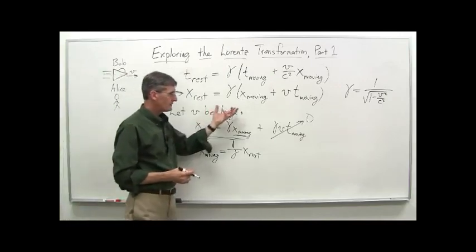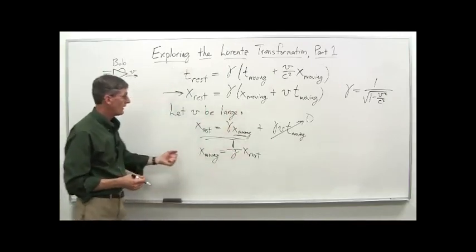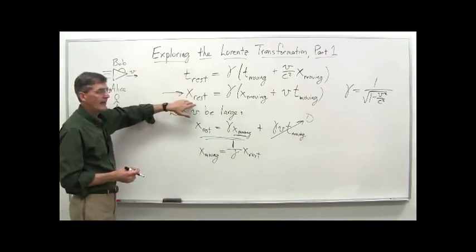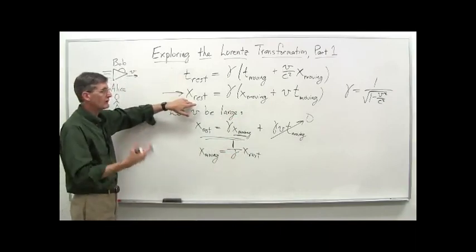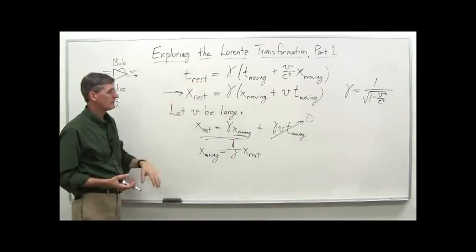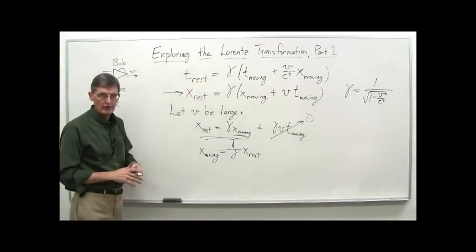So that's in there as well, and so that's exploring the x equation here. In our next video clip, part 2, we want to do a little bit of exploration of the time equation.